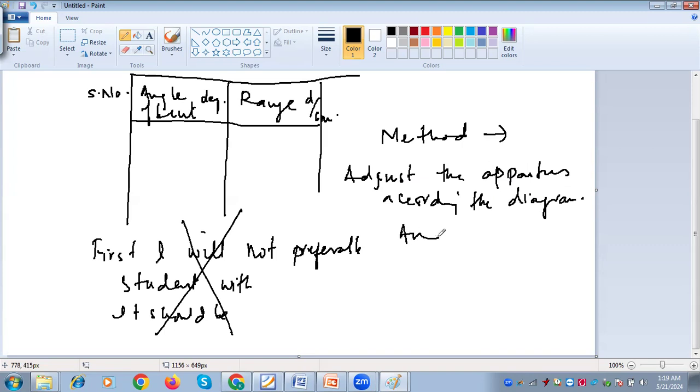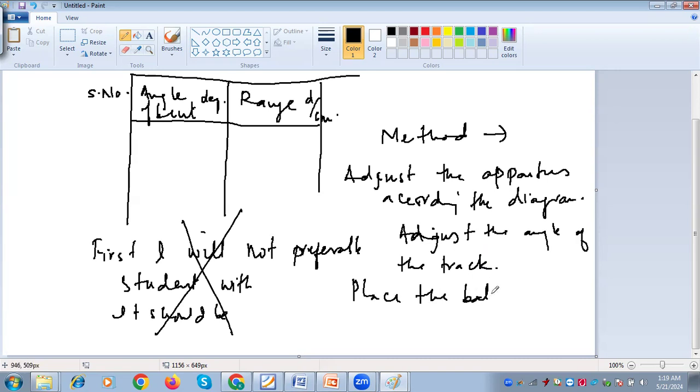Adjust the angle of the track. Then place the ball at marked position. Okay. Release the ball.